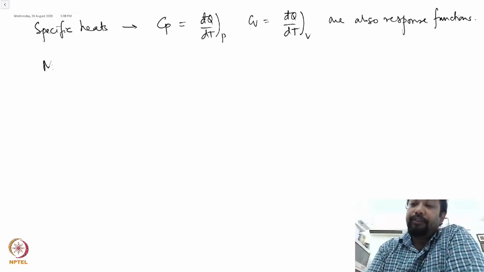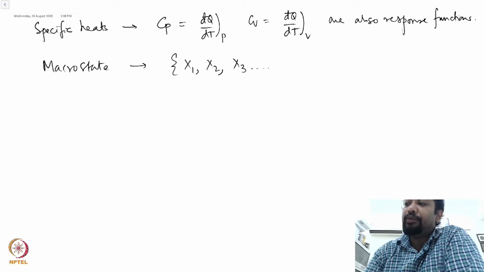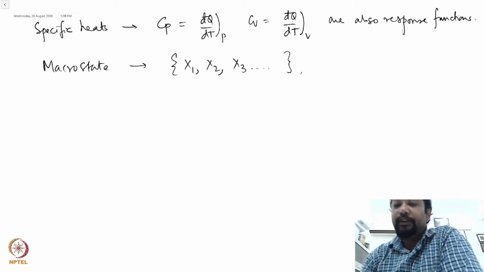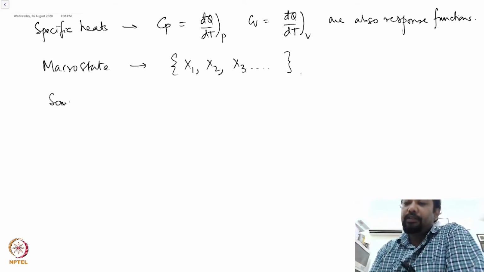Now, given a macrostate, which is characterized by a set of variables x1, x2, x3, and so on and so forth, right now we'll write it down in this particular way. Some of these variables are extensive in nature. What does extensive mean?